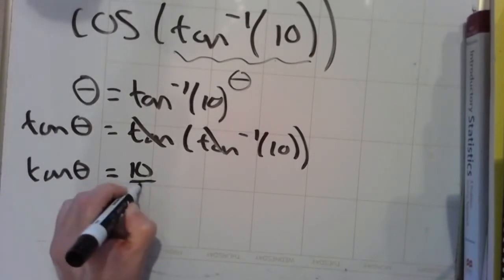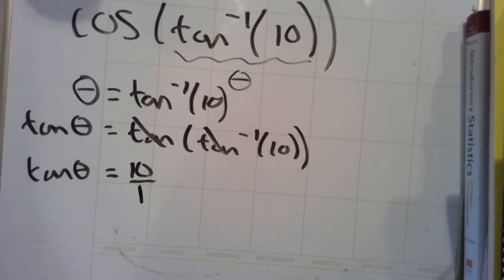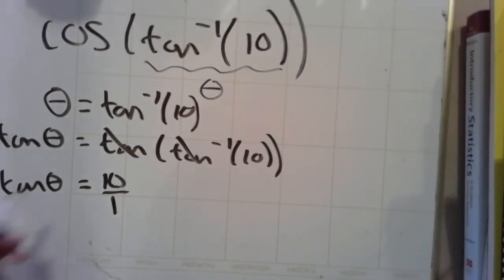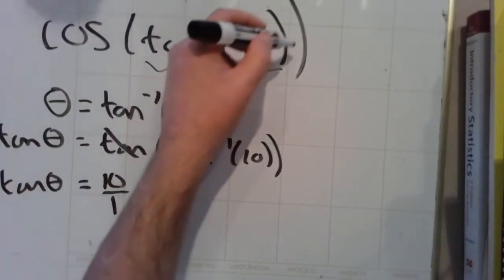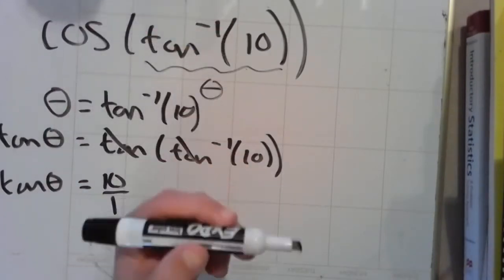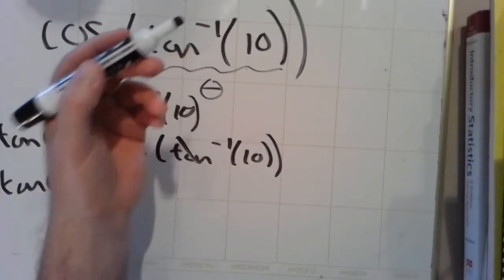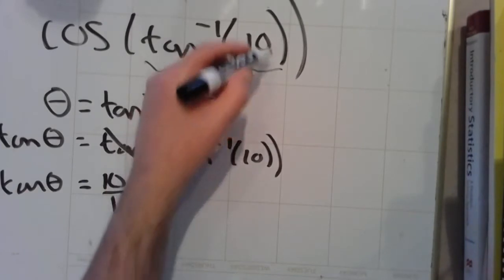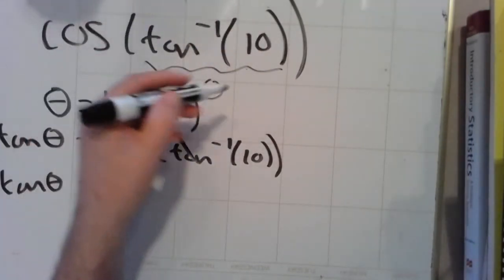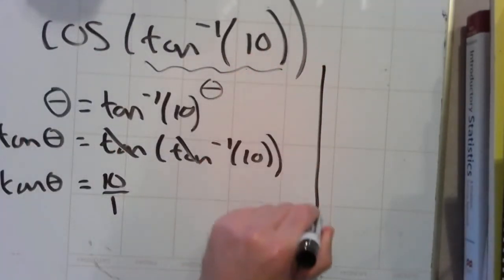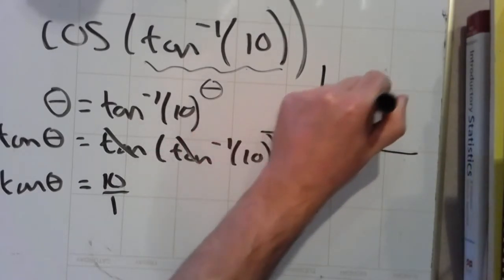My life's going to be a lot easier if I consider that a fraction. Let's make that 10 over 1. Okay, we're in quadrant 1. Inverse tangent spits out angles in quadrants 1 and 4. This is something in quadrant 1 because it's positive. So my angle theta lives in quadrant 1.